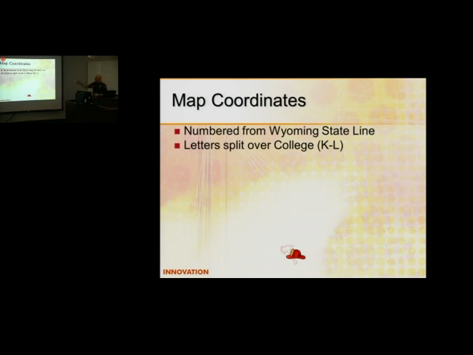So they kind of split it over K and L. So K, when you go west, the alphabet starts getting towards the beginning, and if you go east with L, it goes up, M, N, O, P. One of the easy ways I remember the split is K for College. L is on the LeMay side, L for LeMay. So as you know, the College side will be on the west side, LeMay side then will be between College and LeMay.